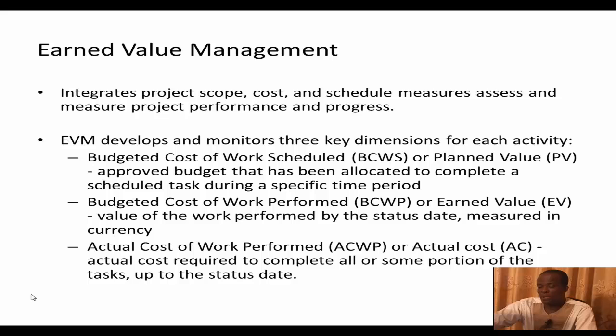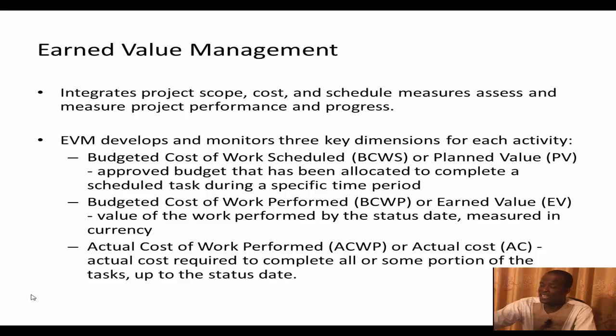So if an activity is supposed to take, let's say, 2 days, and is budgeted to cost 100 Ghana cedis, then you can say that the budgeted cost of work scheduled for that activity, or the planned value of the activity at the end of the 2 days, is 100 Ghana cedis.